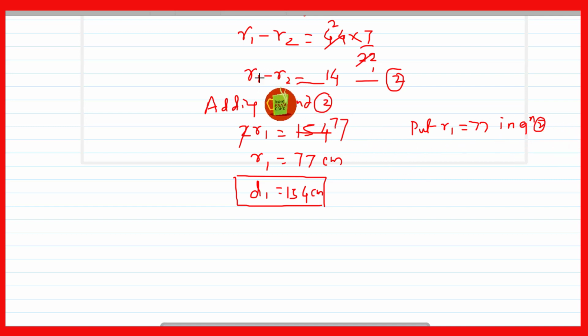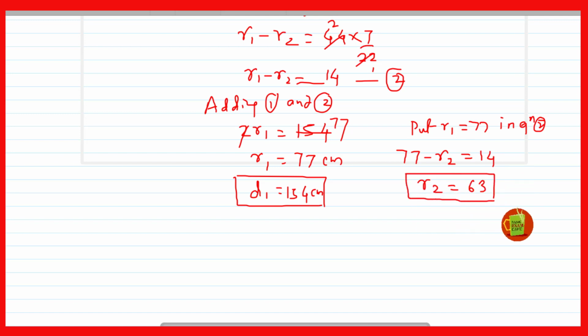So what you will get here, it will be 77 minus R2, that is equal to 14, and therefore R2 is equal to 77 minus 14, that will be equal to 63, and therefore the another radius is 63 centimeter, and therefore the another diameter will be equal to twice of this R2, that will be equal to 126.